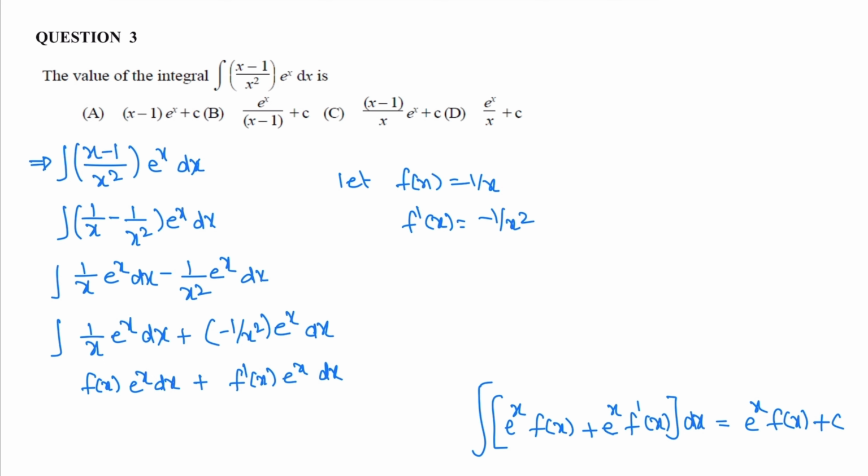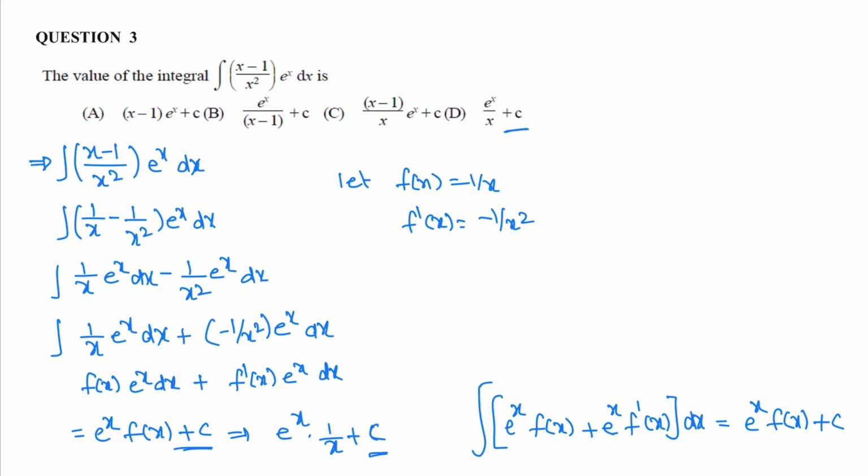So from this formula, its value is e power x f of x plus c. Now f of x is 1 by x, that is e power x into 1 by x plus c is the answer. So the correct option is D.